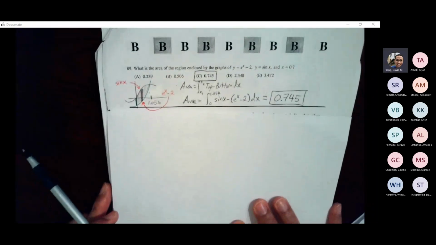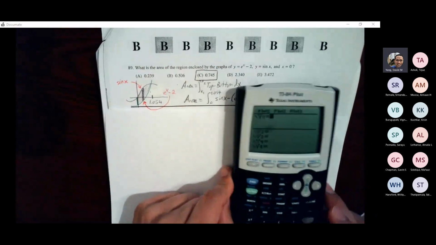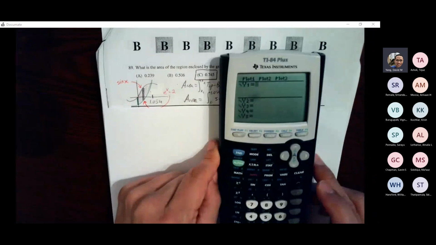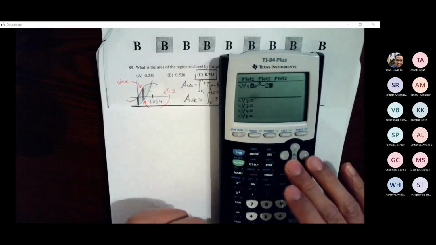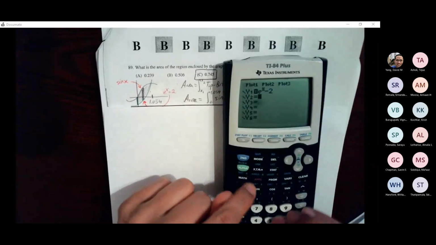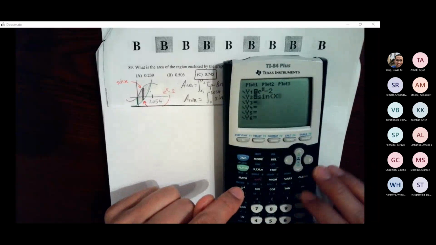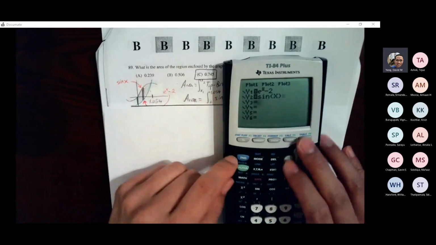Right, 89. What is the area of the region enclosed by the graph of e to the x minus 2, sine of x, and x equals 0? Well, let's find what these graphs are. e to the x minus 2, sine of x, x equals 0 is just the y-axis.